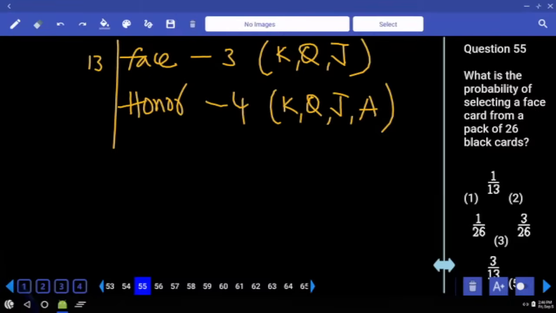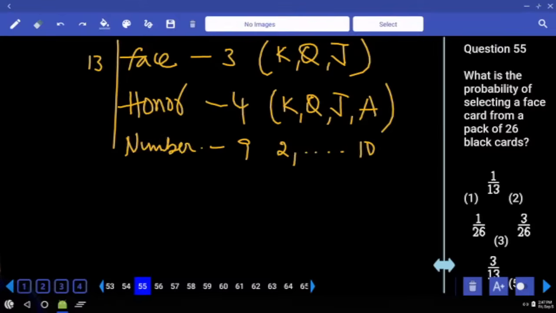Honor cards meaning king, queen, jack and ace. Face cards along with ace are called honor cards. Remaining numbers are called numbered cards. Remaining cards start from 2 till 10. How many are they? 9 cards. They are called number cards.